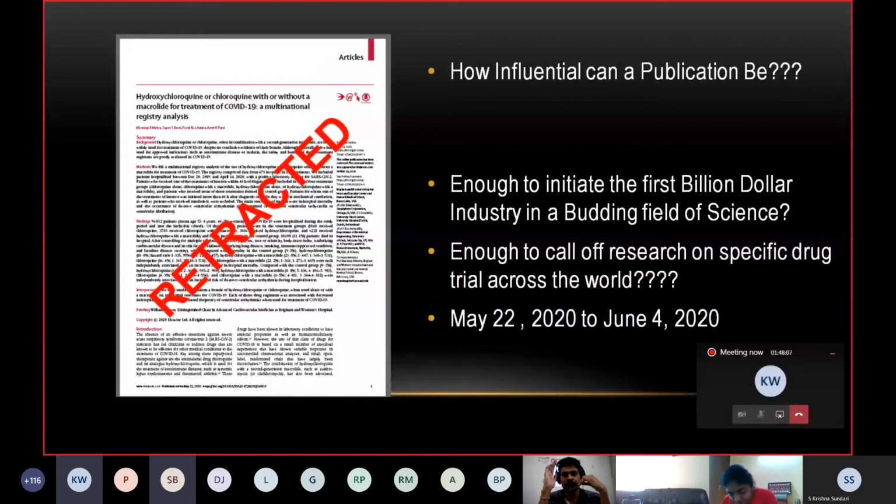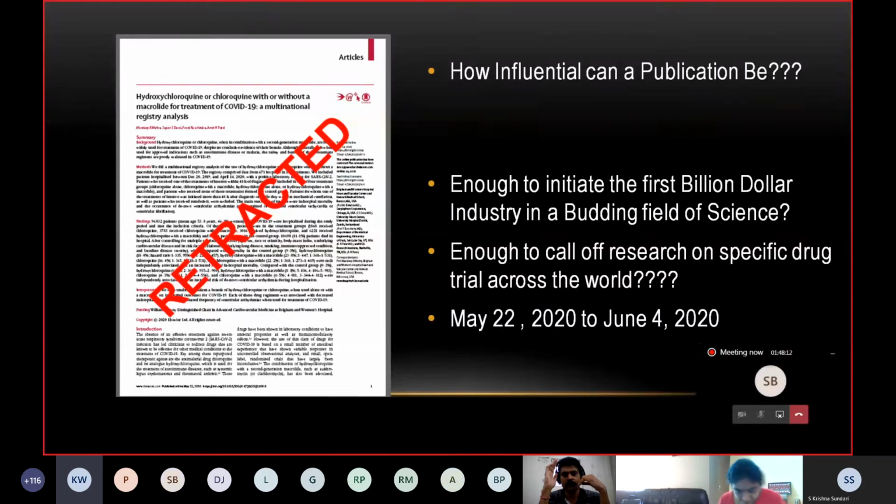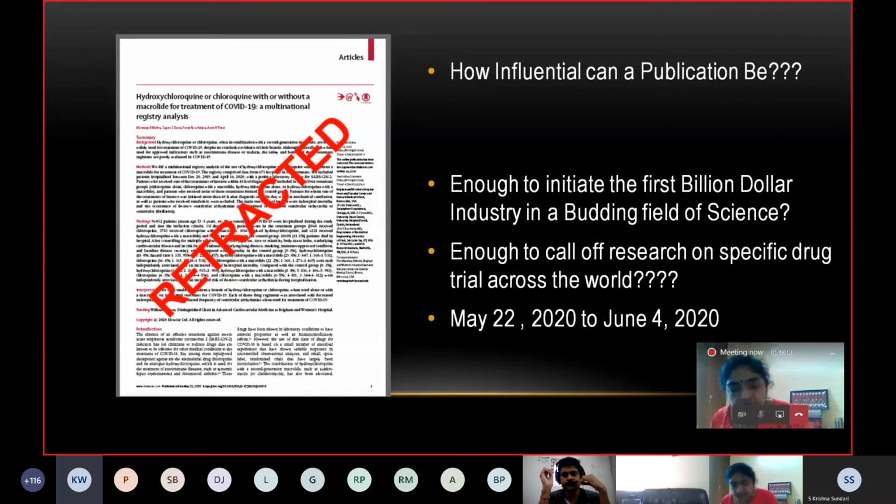What is case study method? Case study method is, like I have said, let us come back to the pollution itself. Let us say you're a social sciences student and you want to do a case study based study on air pollution.